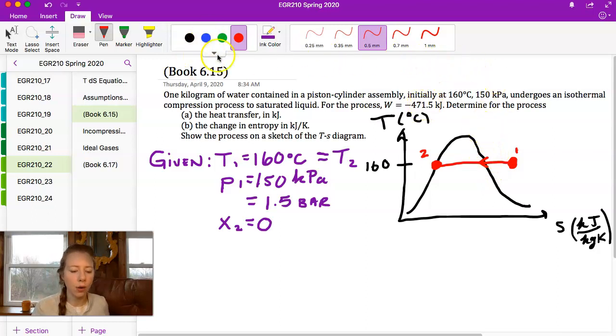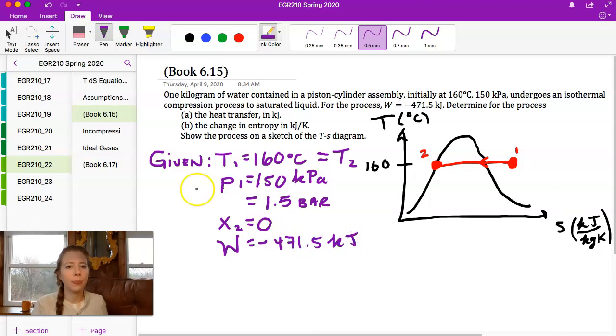Now we can go ahead and we can even look up entropy if we wanted to, because we know that's going to be important. But first, let's just start by, oh yes, we're already also given work. So work is minus 471.5 kilojoules.